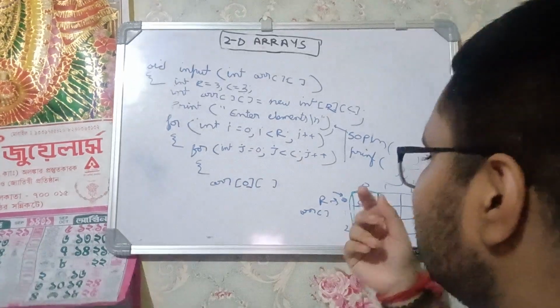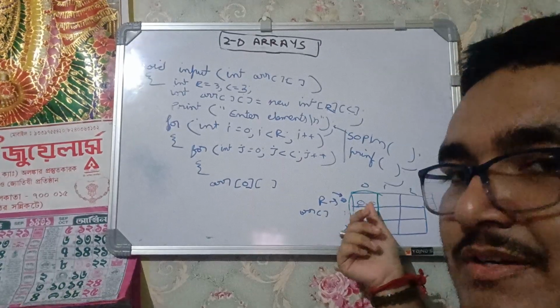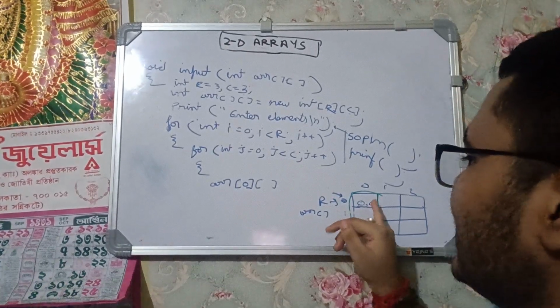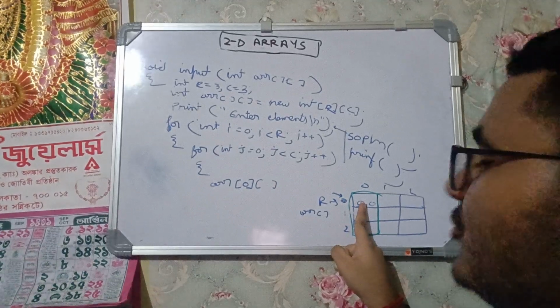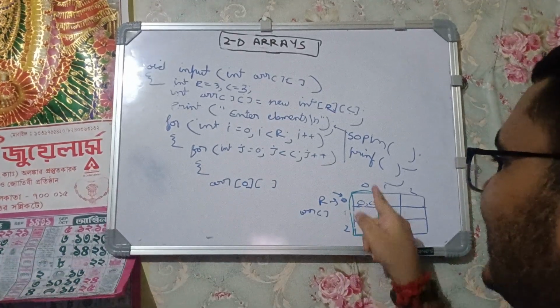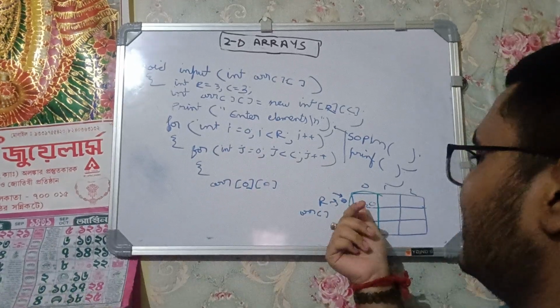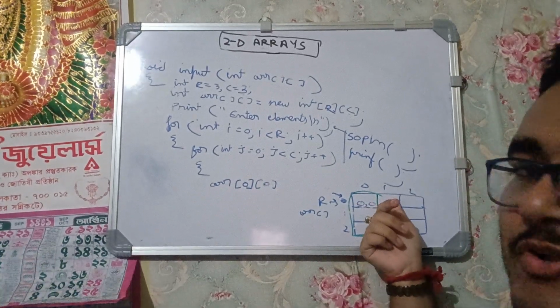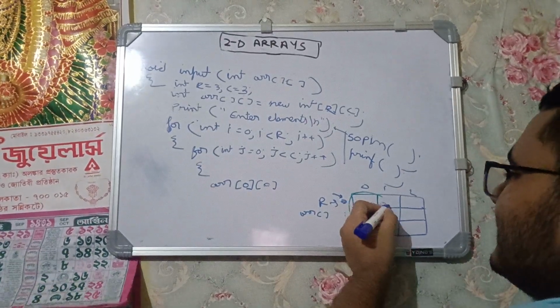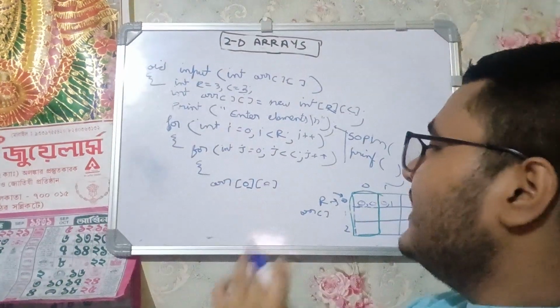right? Suppose I want to take input in this cell only. This is row 0 and column 0. For this cell it will be 0 0, right?